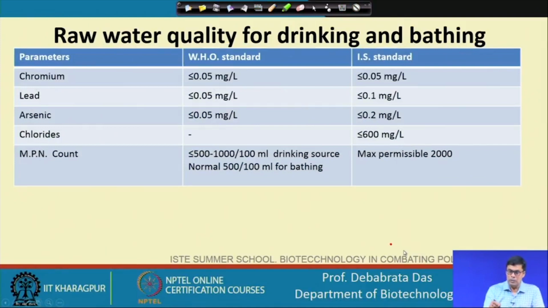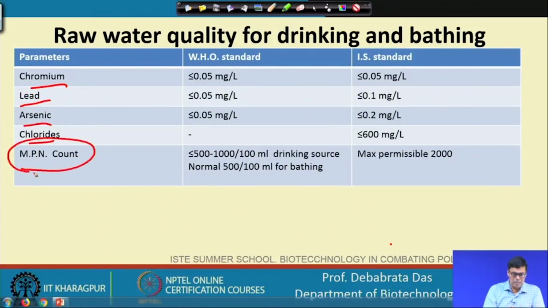Now, raw water quality for drinking water with respect to chromium, lead, arsenic, chloride, and this very important most probable number. I do not know whether you are aware of this number. This is the indicator of whether your drinking water source has come in contact with the sanitary system.